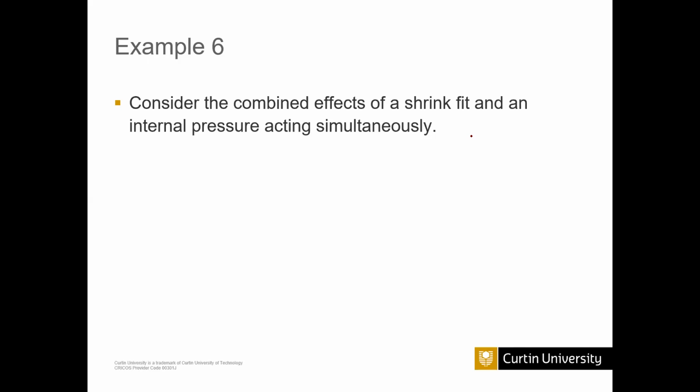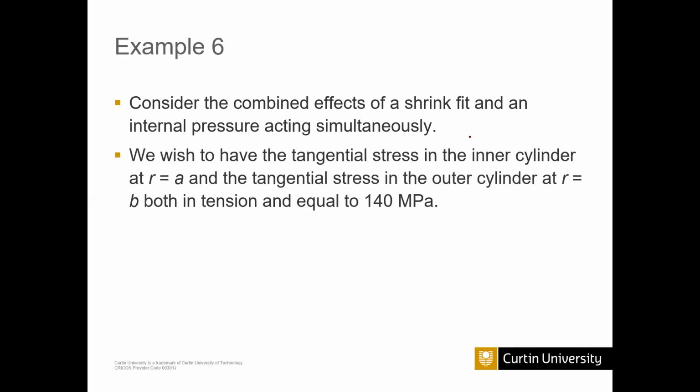So consider the combined effect of the shrink fit and the internal pressure acting simultaneously. So we wish to have the tangential stress in the inner cylinder at r equals a, and the tangential stress in the outer cylinder at r equals b, both in tension and equal to 140 megapascal.